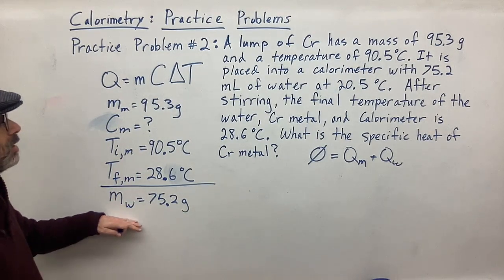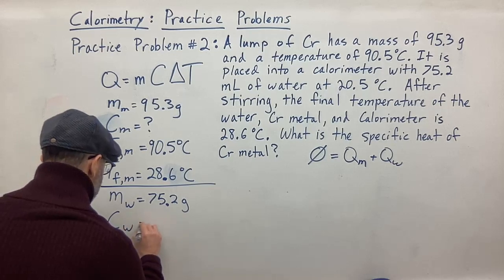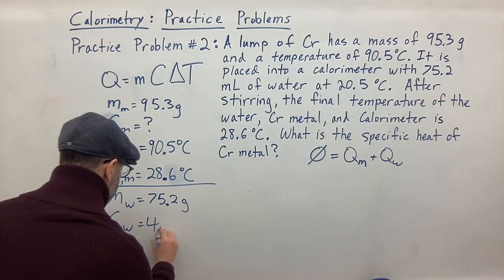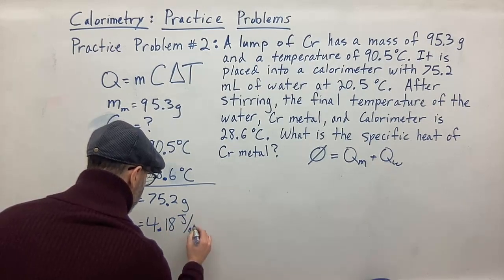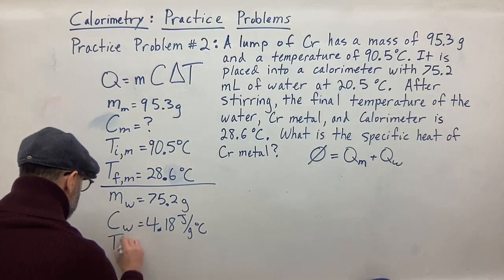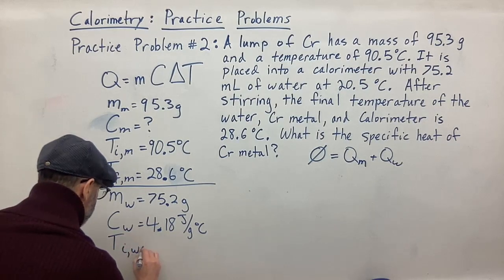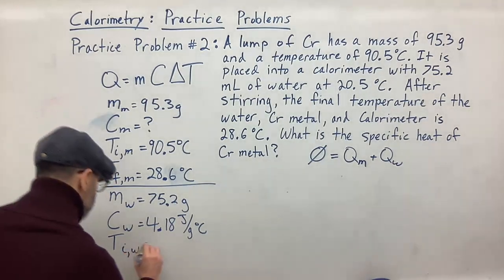And we're given, again, our specific heat of the water is the same as before, 4.18 joules per gram degree Celsius. Our initial temperature of the water is 20.5 degrees Celsius.